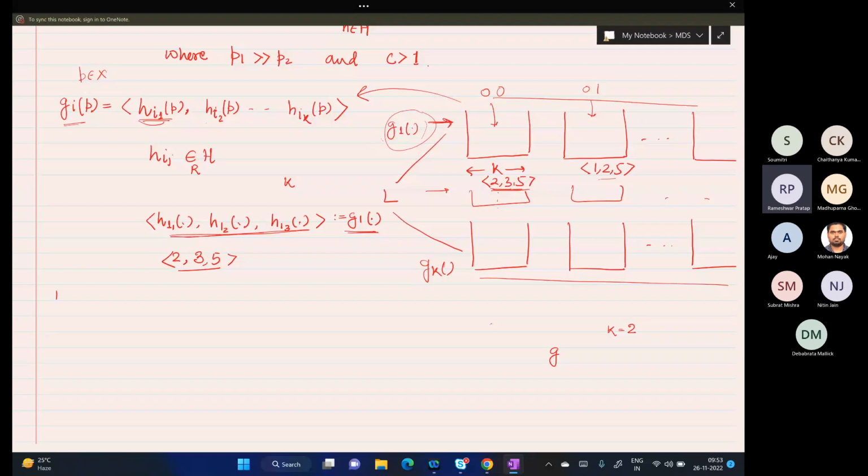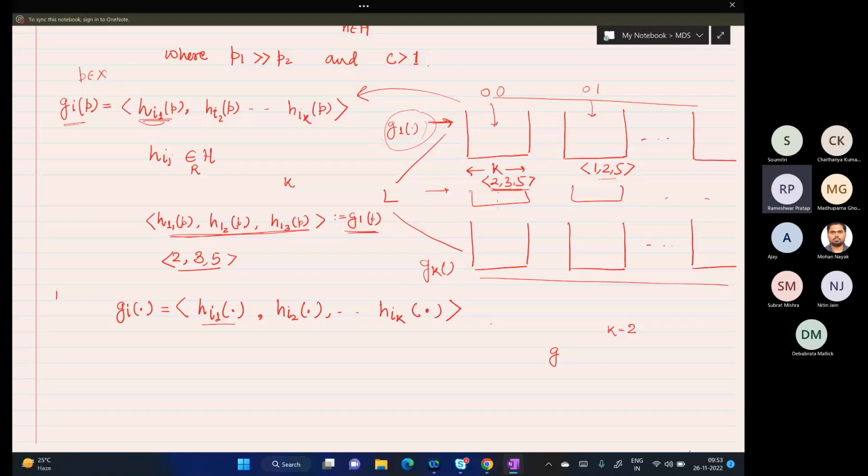If we need to take some specific instance, we just put that point in, and this is how G1 of that point is calculated. So these are not 0, 0. This is the notation of a function. It shows that this is a function Gi, and it is calculated as Hi1, which is a function, comma, Hi2, up to HiK.